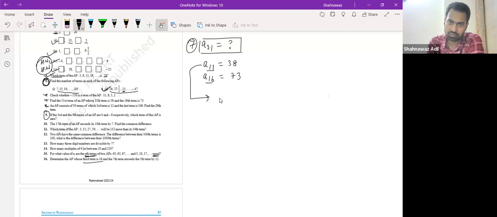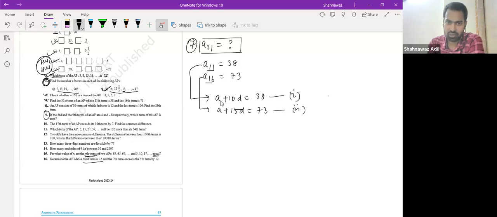A plus 10D. Absolutely correct. Let's say that this is the first equation. And for the 16th term, we can write A plus 15D. Absolutely correct. So good.